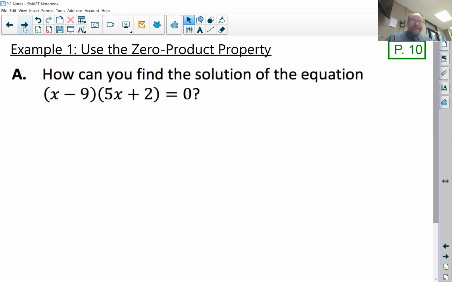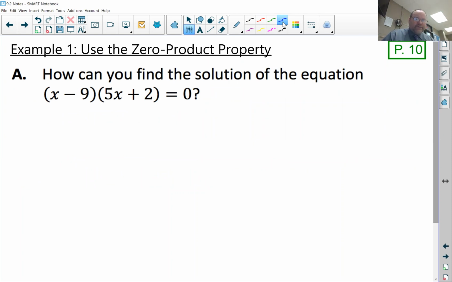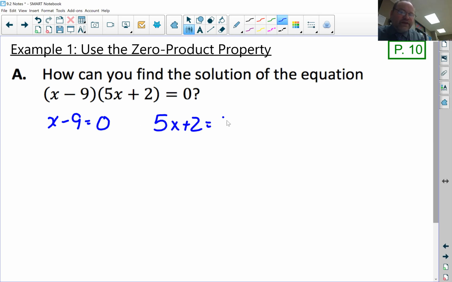All right. So to find the solution to our equation, x minus 9 times 5x plus 2 equals 0, we're going to use the zero product property. We're going to take x minus 9. Either that has to be 0 or 5x plus 2 has to be 0.